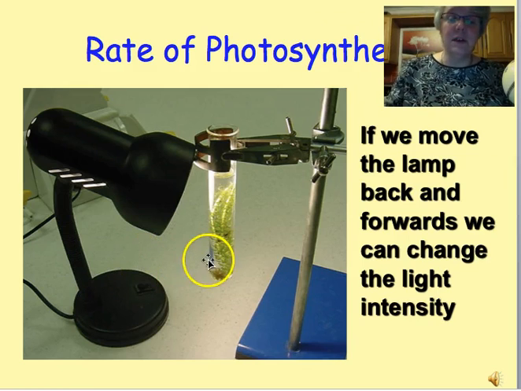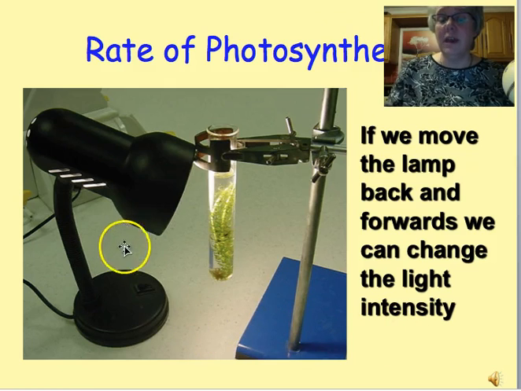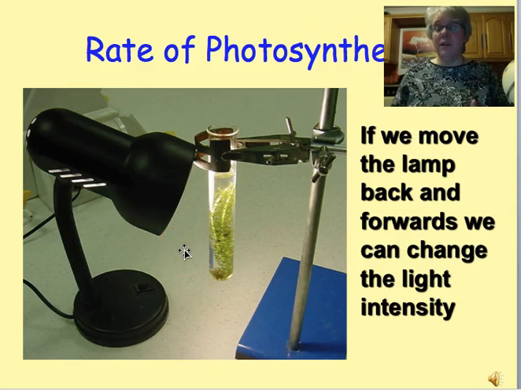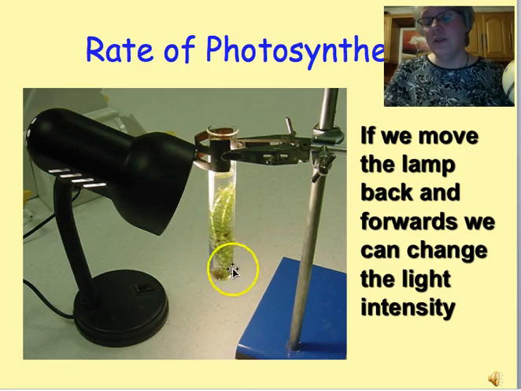Now, there is an experimental error with this, because we're changing the light intensity in this experiment. And remember that if you're changing one variable, you have to keep all the others the same. So we're keeping our carbon dioxide concentration the same because we will use a certain concentration of bicarbonate.